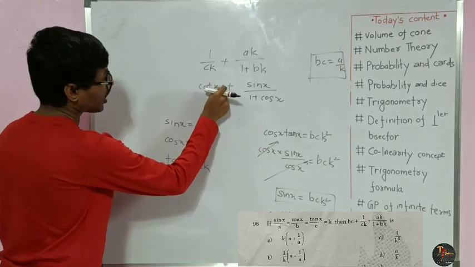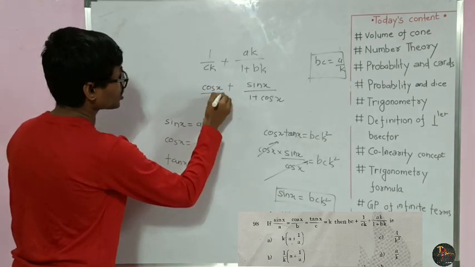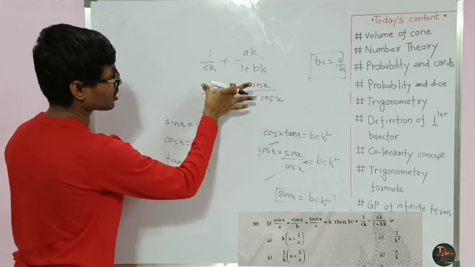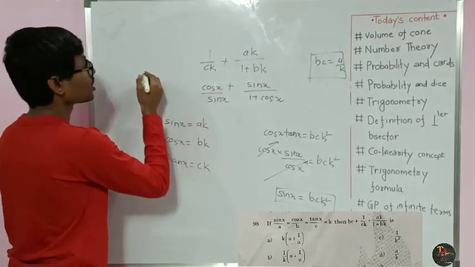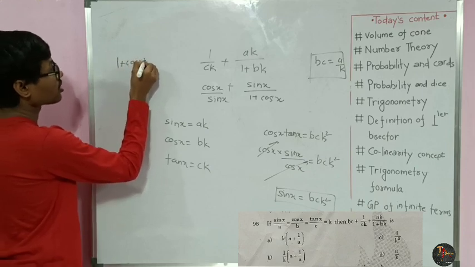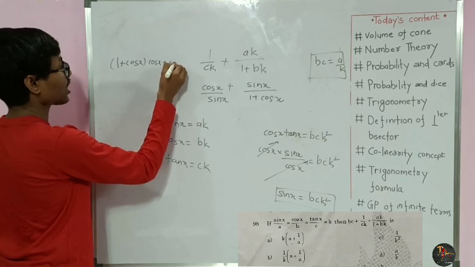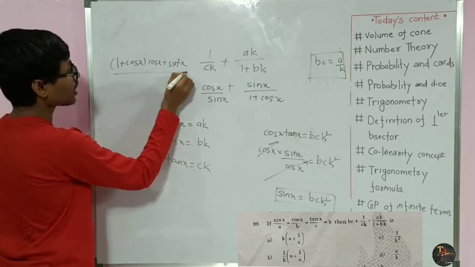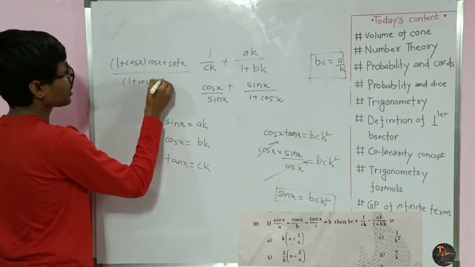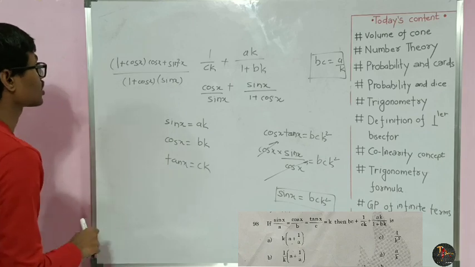Now I write cot x as cos x divided by sin x. Now if I cross multiply this, I will get 1 plus cos x into cos x plus sin square x, divided by 1 plus cos x into sin x.